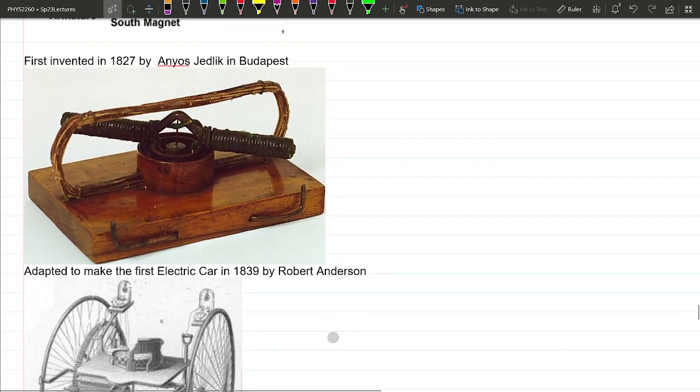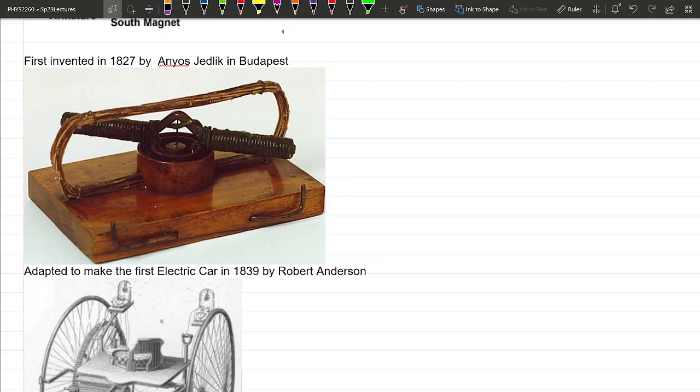The first electric motor was made by this Hungarian person, and this is actually the motor itself. You can kind of tell what it's trying to do. So you have the magnets here, right? And then you have a current loop going over and over. Remember, doing multiple loops allows you to magnify either the magnetic force or the magnetic field it creates, right?